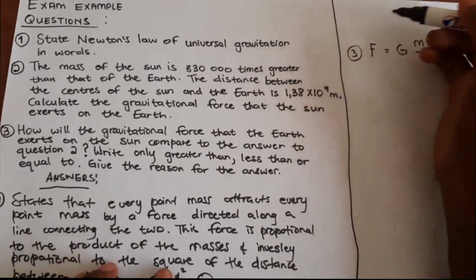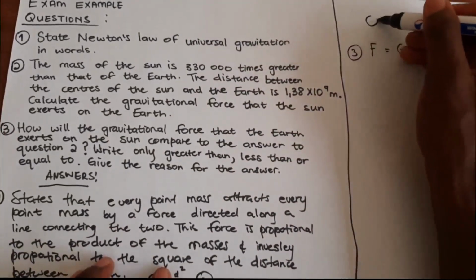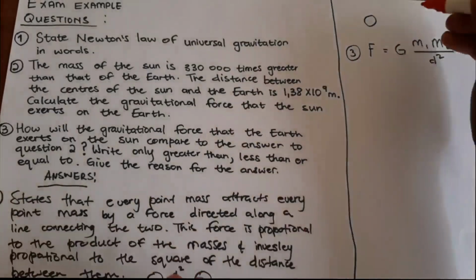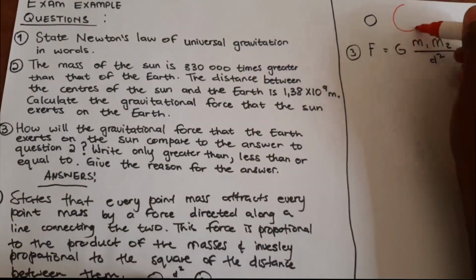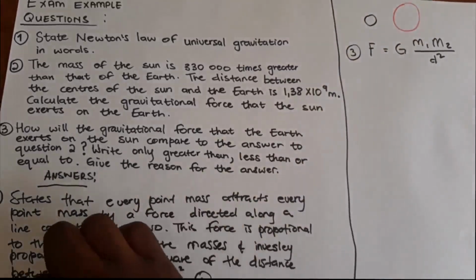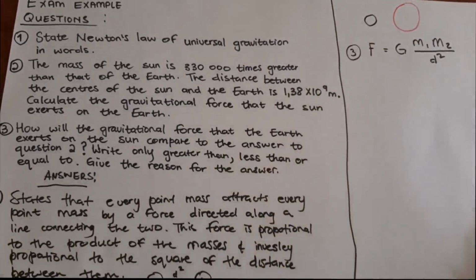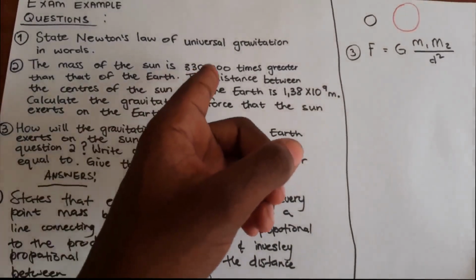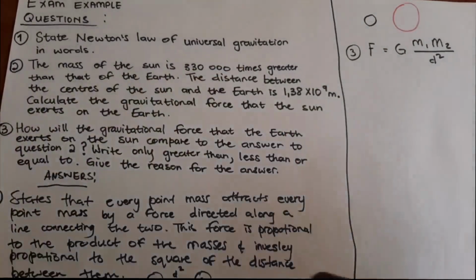Just to remind you, we have the earth and we have the sun, meaning that the sun is much bigger than the earth, because as you saw, they said the sun is 330,000 times greater. That's very, very huge.